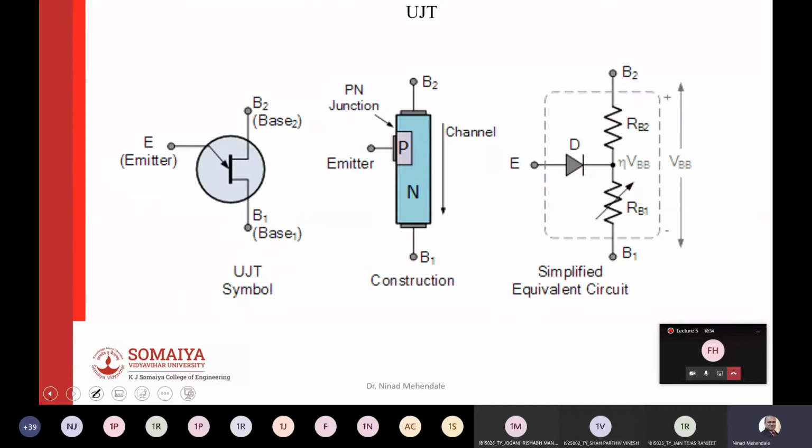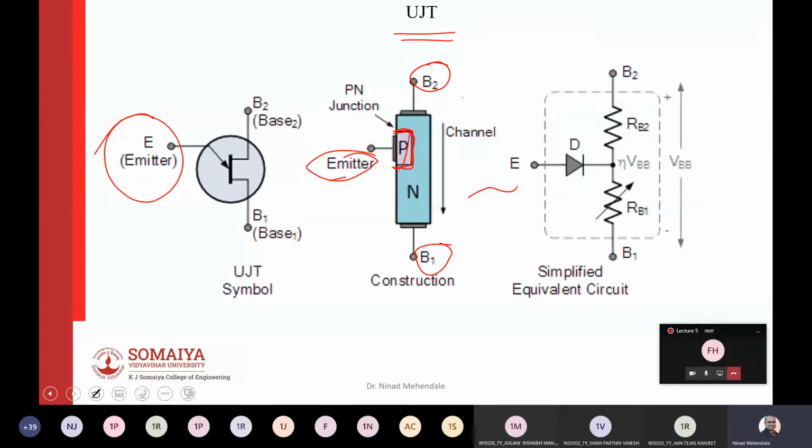Now there is something called UJT, which is unijunction transistor, and this UJT basically provides a gate pulse to the SCR. Unijunction means it has only one junction. If you look at it carefully, UJT is like a PN junction diode with P type, which is typically the anode, what we call the emitter, and then there is a large cathode, which is divided into two terminals, base 1 and base 2.